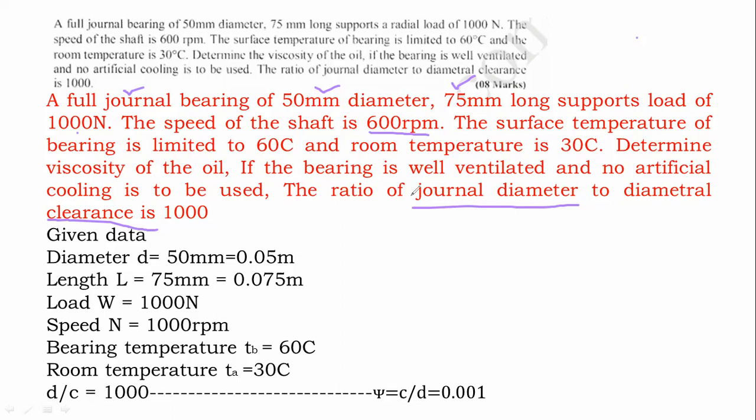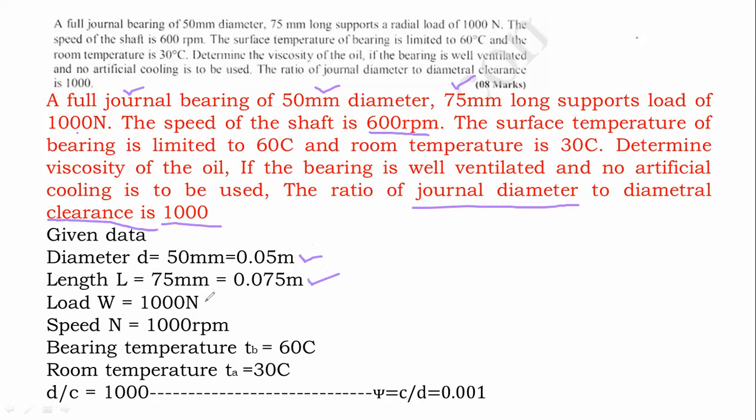One more thing, you can look here: journal diameter to the clearance is given, D by C, not C by D. D by C is given as 1000. Let's list out the given data. My dear students, he has given diameter 50, in meters 0.05 meter. Length is 75, that is 0.075 meter.